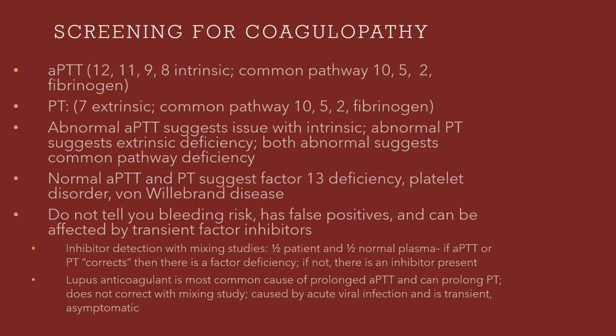When we're using the mixing studies for other factor inhibitors, half of the solution is patient plasma, and then half of the solution is normal plasma with all the factors present.